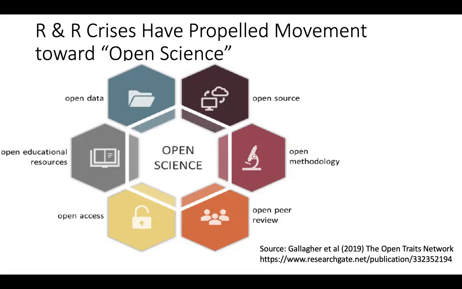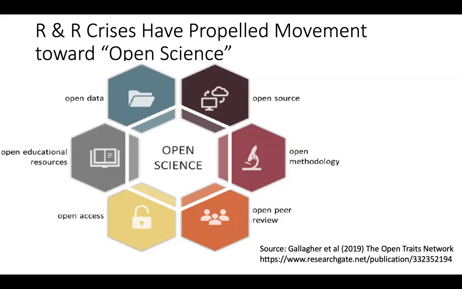Open data is the idea that data are widely accessible and available for other people to look at. Now, it's always been an important policy of journals that investigators need to keep their data for a period of typically 5 years in case other people want to challenge it or reanalyze it.